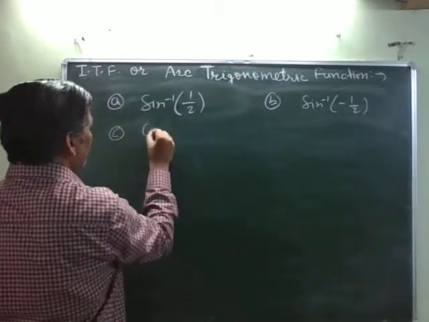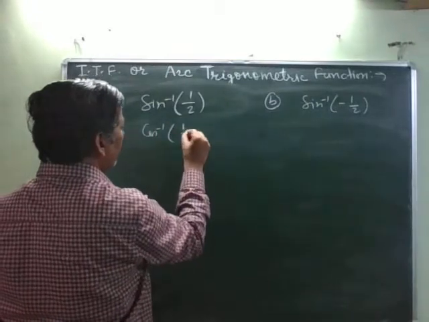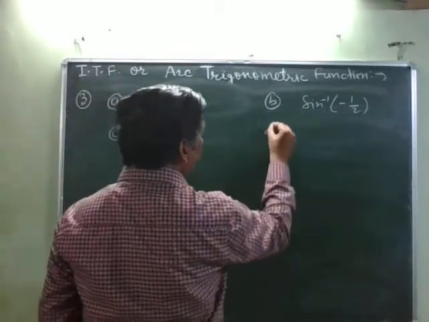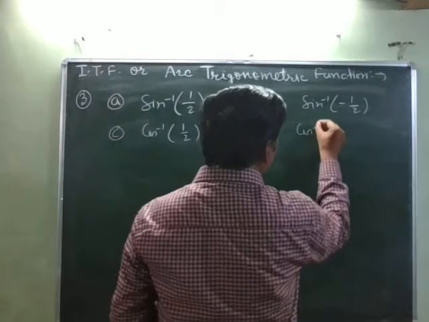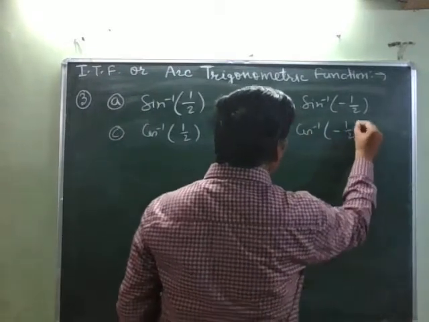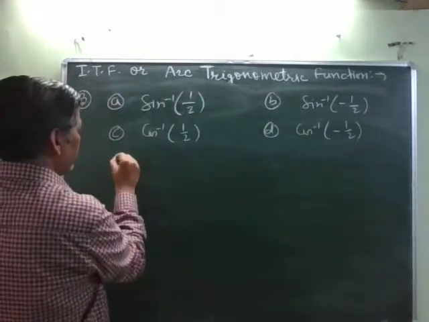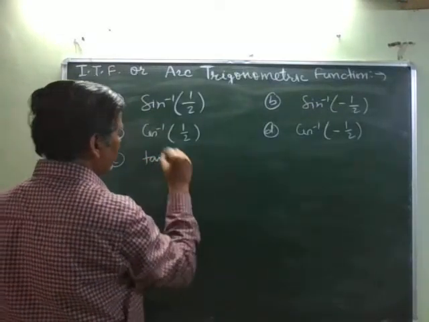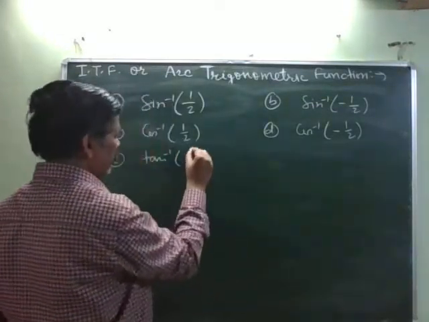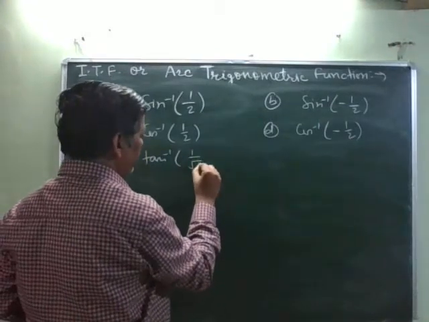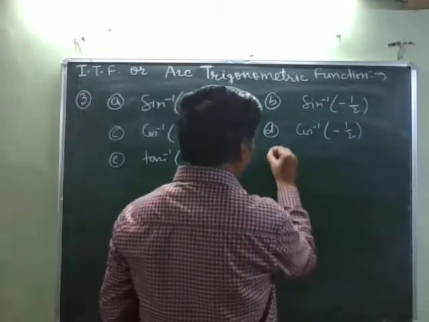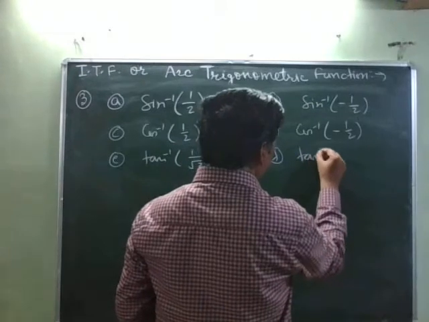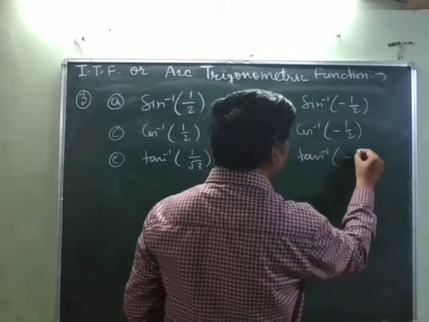C, cos inverse 1 by 2. D, cos inverse minus 1 by 2. E, tan inverse 1 by root 3. F, tan inverse minus root 3.